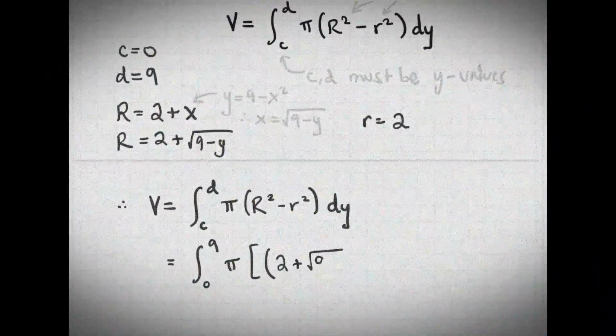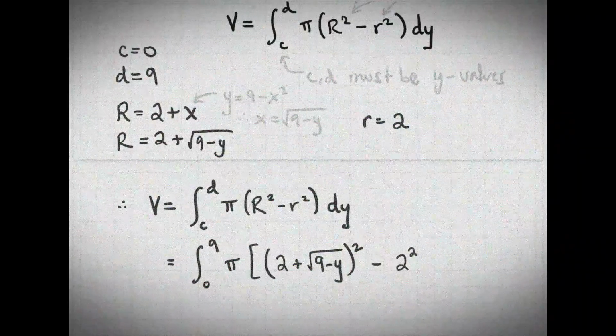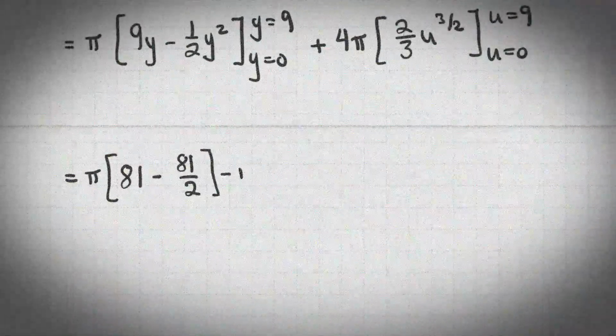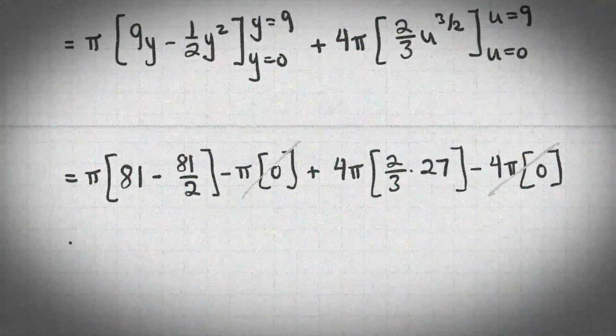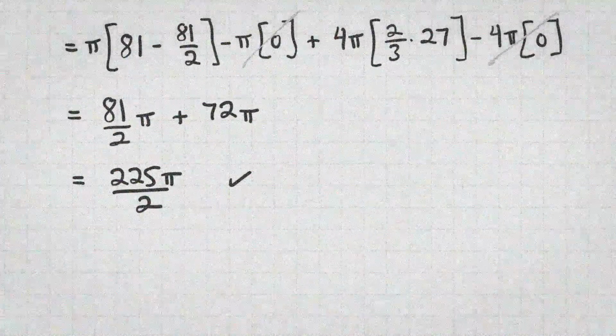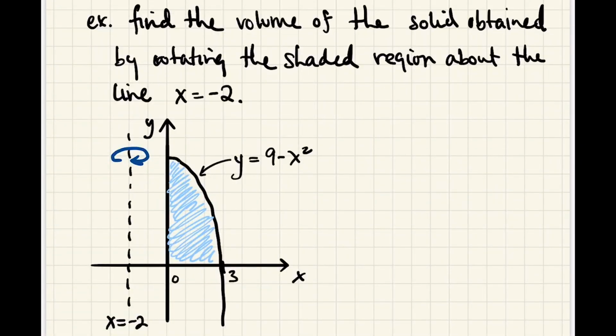And the integral itself was non-trivial when we worked it out, but we eventually got an answer of 225 pi over 2. What we're going to do here is solve the same problem, but now we know about cylindrical shells, and we're going to work it out that way, and we're going to see not only will it be simpler than it was before, but of course we're going to get the right answer.